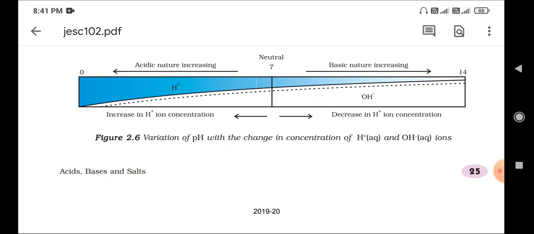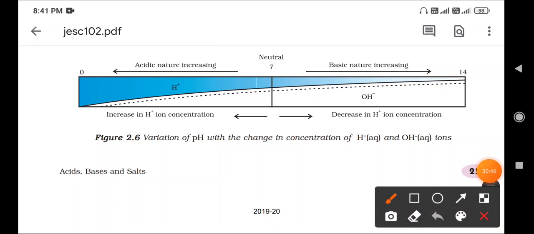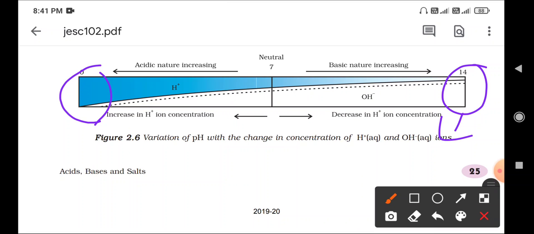Which one is the strong acid and which one is the weak acid? At 1 or 0, it has more acid, and the 14 value shows the strong base. A value of 1 indicates a strong acid and a value of 14 indicates a strong base.